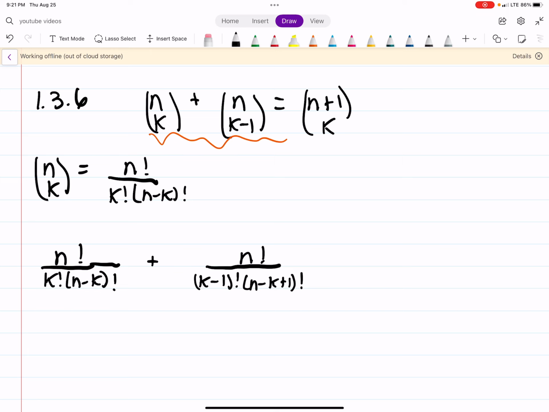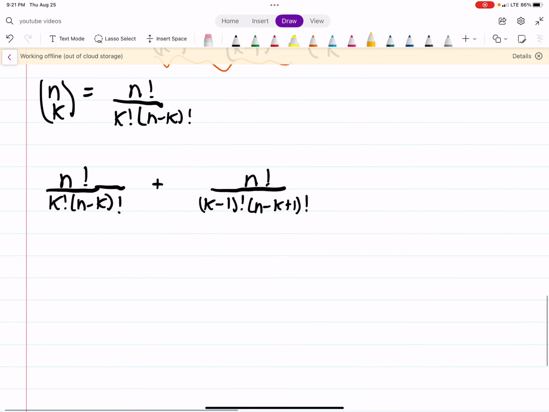So just using the definition and plugging in, there we are. So now, I guess this part's a little weird. I'm going to multiply this by n plus 1 minus k over n plus 1 minus k. That's just 1. I'm allowed to multiply by just 1, right? And I'm going to multiply this by k over k. Again, just 1, so that's fine.